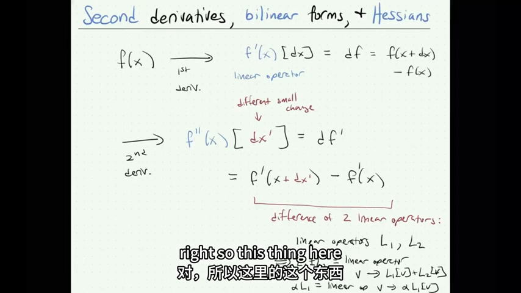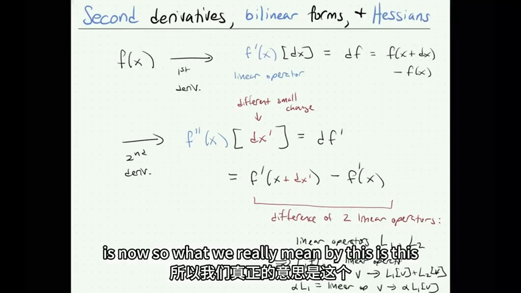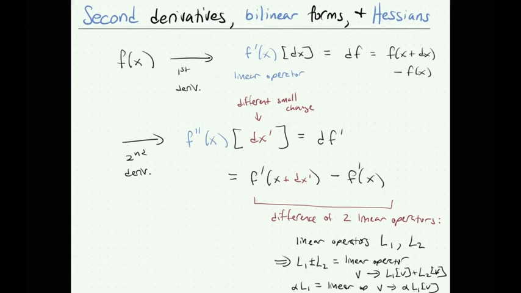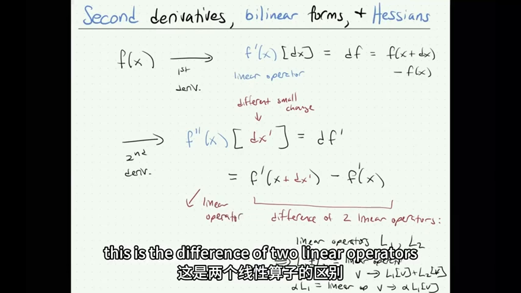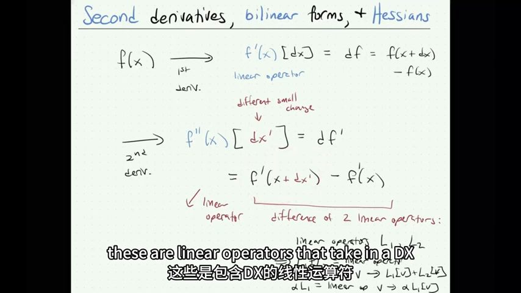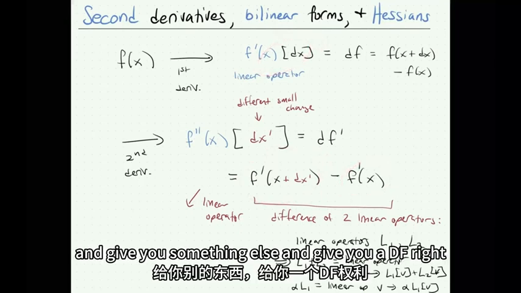So what we really mean by this is a linear operator, the difference of two linear operators. These are linear operators that take in a dx and give you a df.